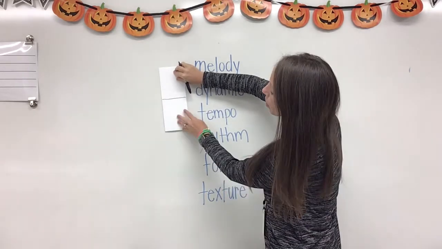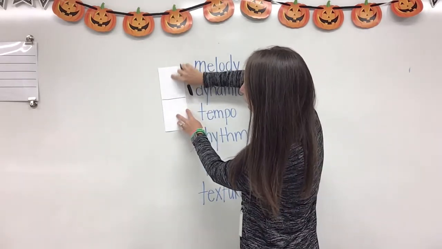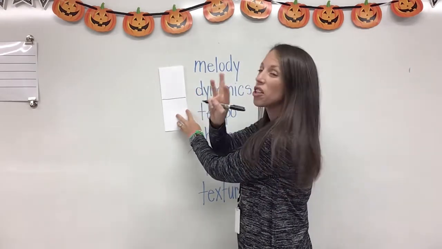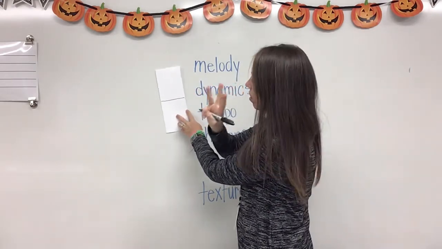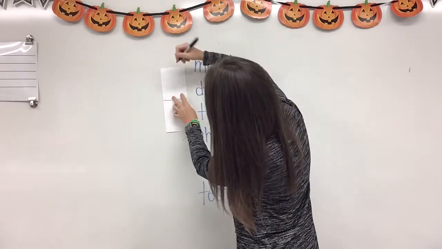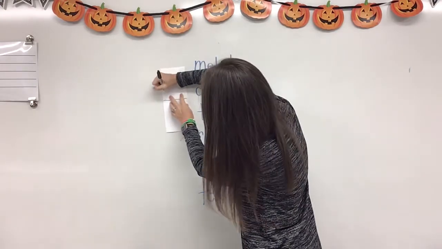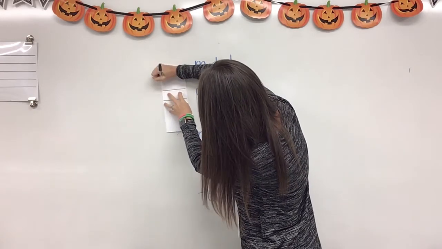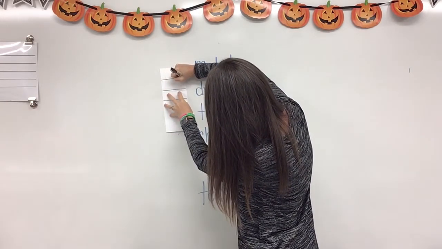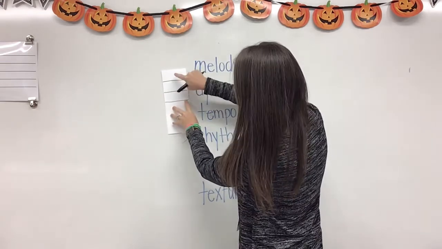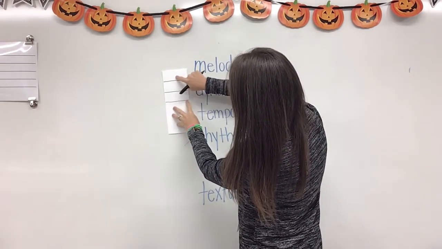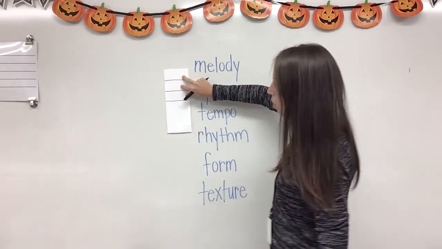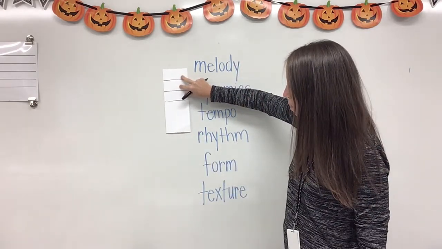So now we're going to take this top section here and divide it into 3 equal parts. You kind of have to eyeball it. If you have a ruler, you are more than welcome to use a ruler. But you will just draw your lines and make sure that you have 3 equal sections.